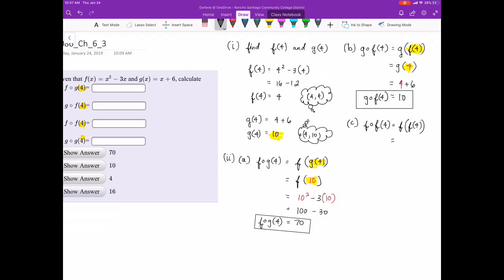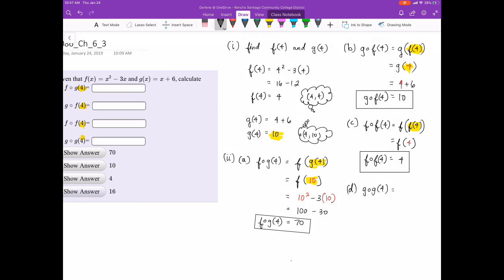And I know what f of 4 is because I found it in step 1i, which is 4. So f of 4 is 4. And then the last one is going to be D, which is g composed of g of 4.